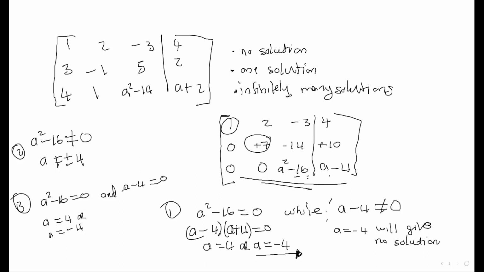If we take a is equal to 4, we're gonna get 0, which is what we want, right? So I'm just gonna take this one. If we take a is equal to -4, we're not gonna get 0, and that's not right. So this one is not valid in this case. This one was not valid in the other case, but it is valid in this case. So this is the answer. a is equal to 4. It's the condition.